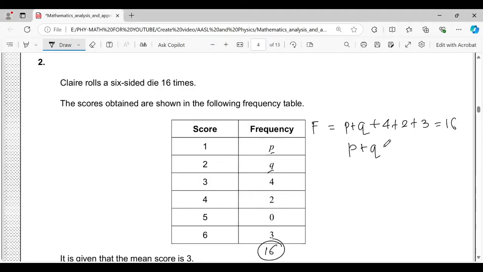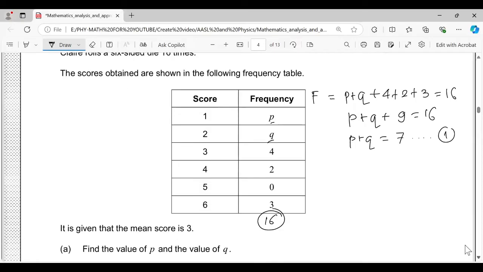P plus Q plus 9 equals 16, and then P plus Q equals 7. This is the first equation.